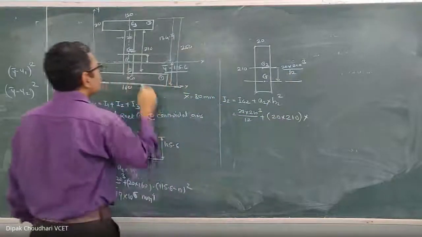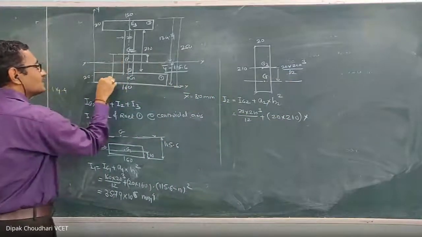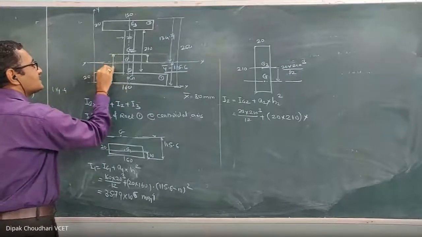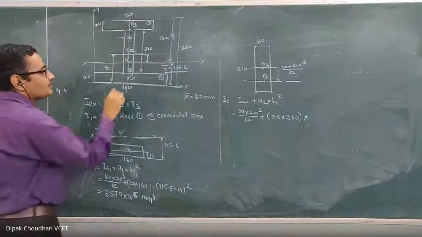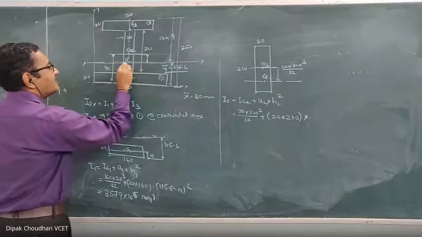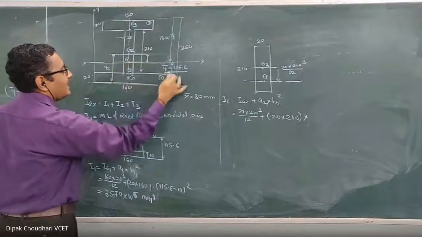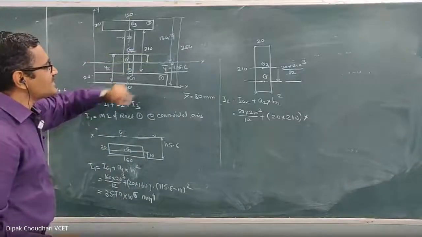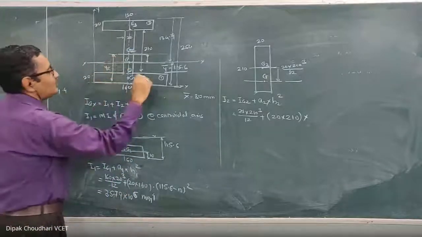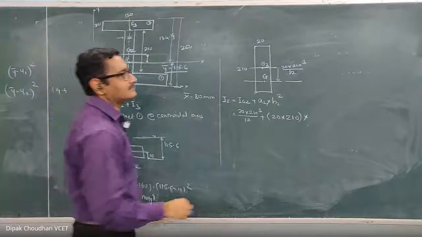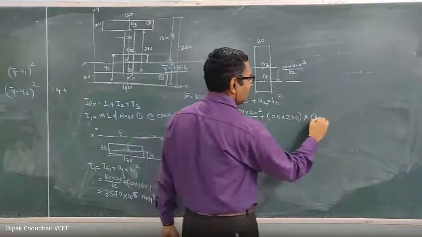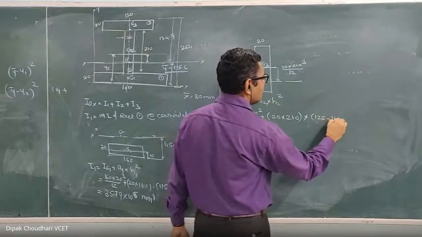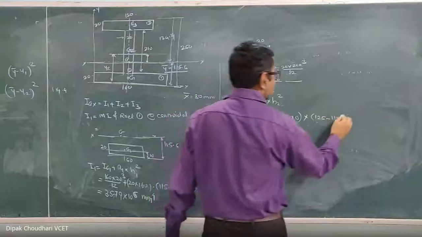How can I get this distance? It is y2. This distance is y2, the vertical distance of G2 from the x-axis, and the vertical distance of the centroid from the x-axis is 115.6. So how much is the distance between these two? Now how much is y2? 20 plus 105, it is 125, minus 115.6, whole square.